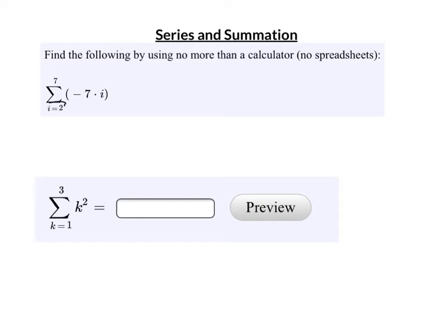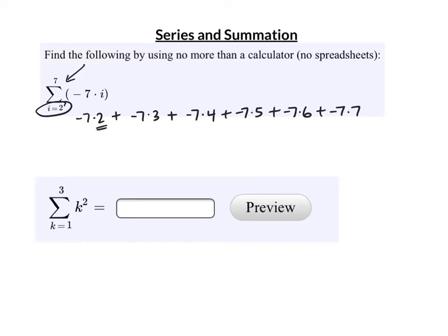The bottom number is the number you plug in. I'm starting at 2 here. You can start at 1, you could start at 0, you could start at 5, you could start at any number, but this question starts at 2. So this is -7 times 2, and remember that the Greek letter sigma means summation, so I'm going to add that, and then I'll plug in 3. -7 times 3, and then I'll keep going. -7 times 4 plus -7 times 5 plus -7 times 6 plus -7 times 7.